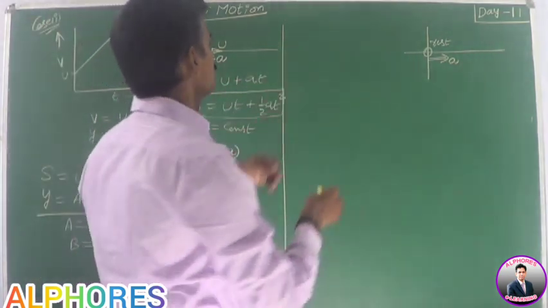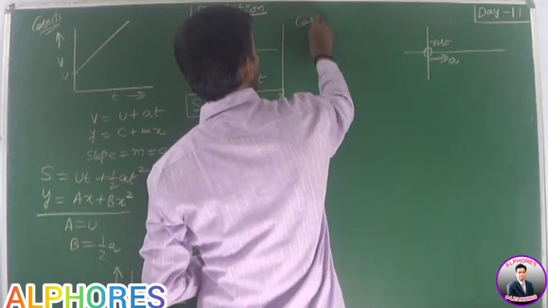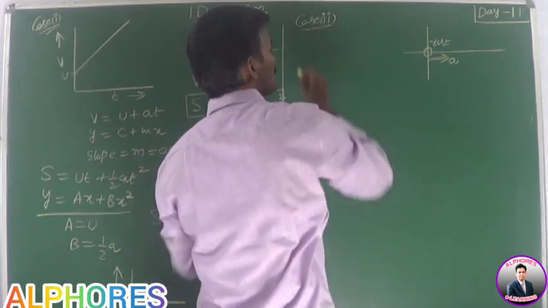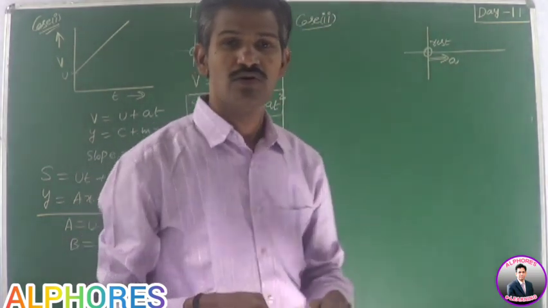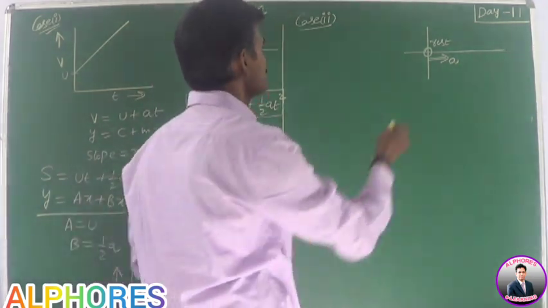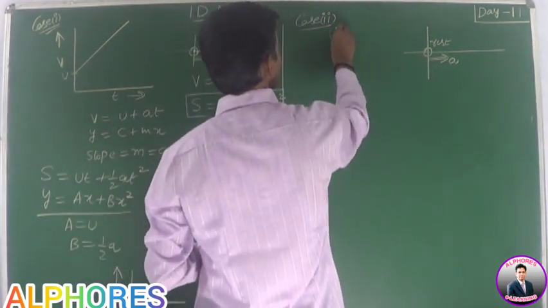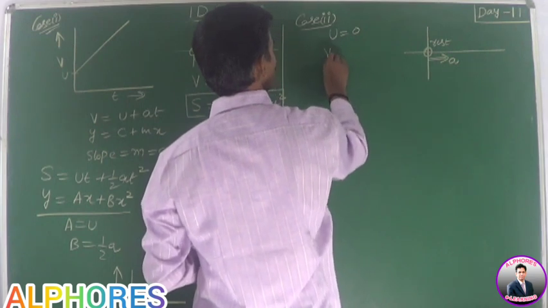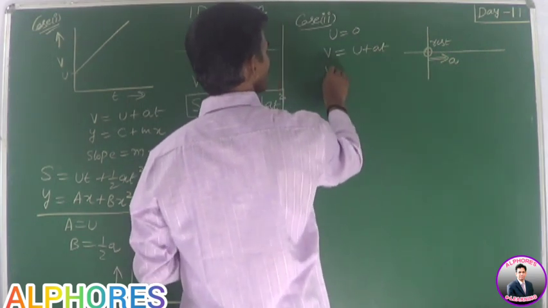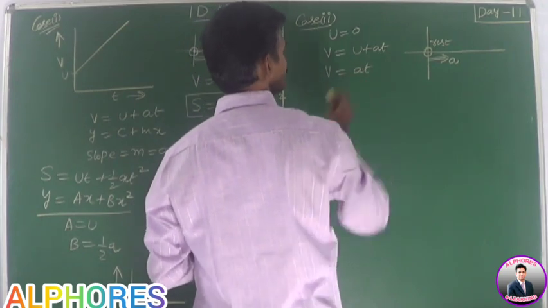For case 2, acceleration is constant, but the initial velocity is 0. So what are the changes taking place in our graph? If the initial velocity is 0, our equation v equal to u plus at changes to v equal to at.